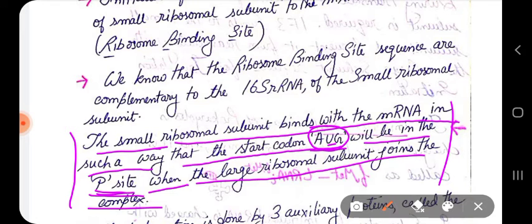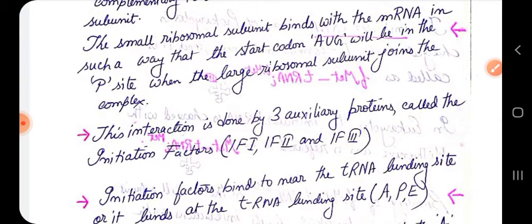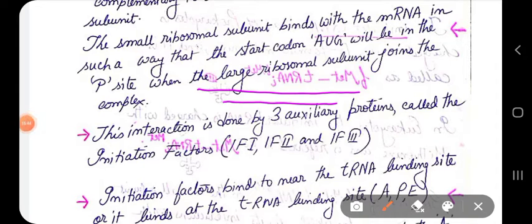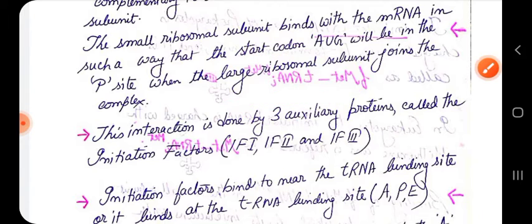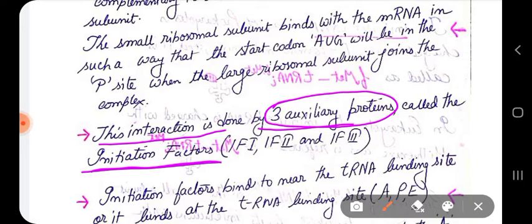So that's why it is saying the small ribosomal subunit binds with the mRNA in such a way that your start codon will be in the P site when the large ribosomal subunit joins to form the translation complex. This interaction between the ribosome and the mRNA is also catalyzed by three helper proteins, three auxiliary proteins known as the initiation factors.